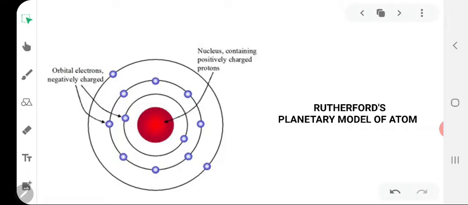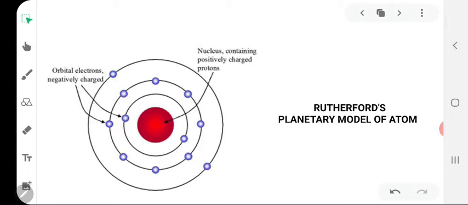But this was challenged by Maxwell on the basis of radiation theory. According to this theory, charged particles moving in circular orbits with fast speed emit energy in the form of radiations. Since electrons are also fast moving charged particles, they must release energy continuously in the form of radiations.